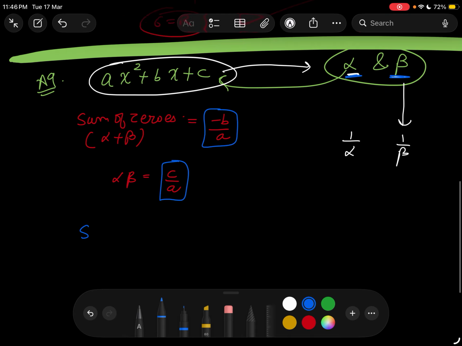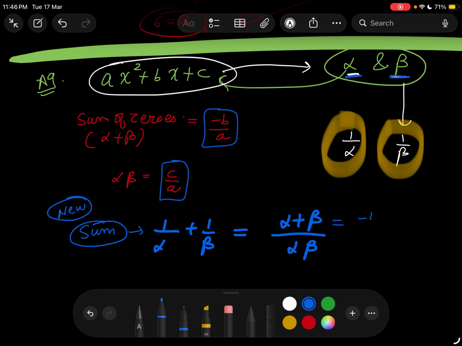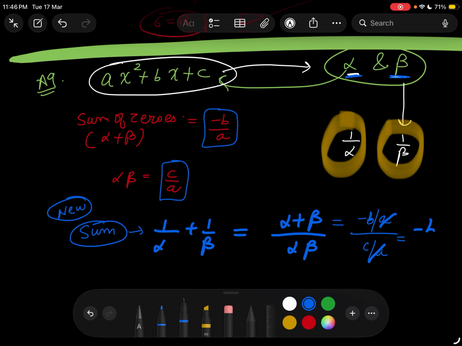Now the new polynomial which we have to make has zeros 1 by alpha and 1 by beta. First you will take their sum. In place of alpha plus beta I write minus b by a, and here I can write c by a. Then I can cut a and a. So minus b by c, right?